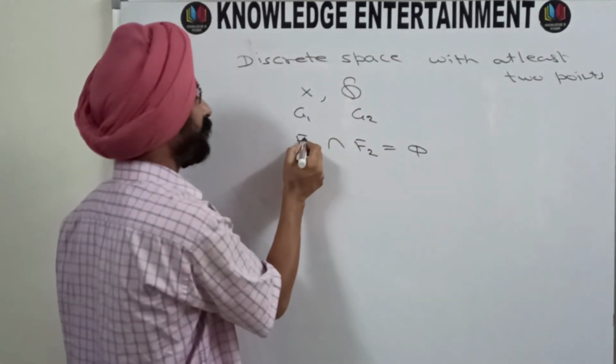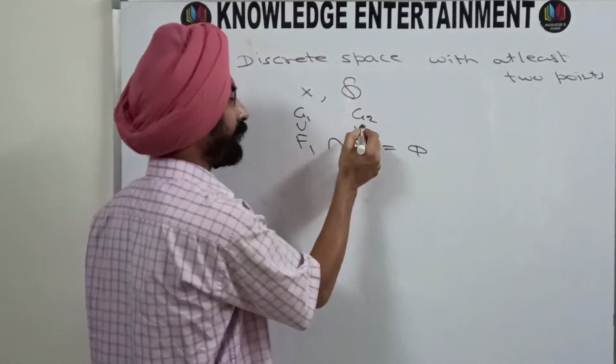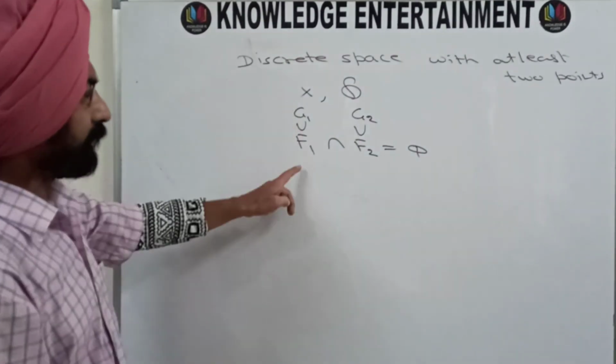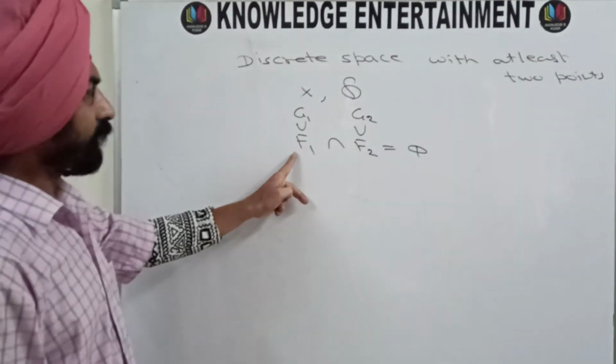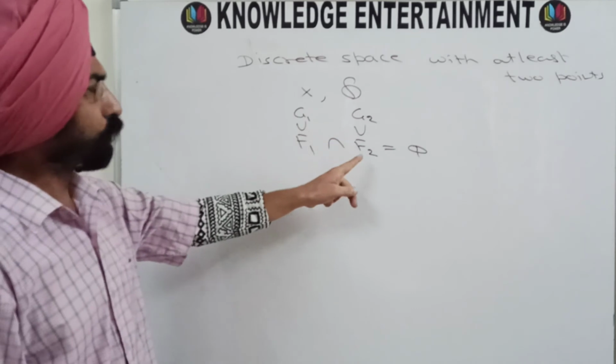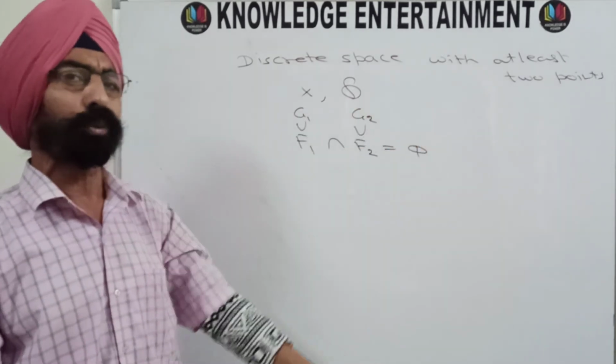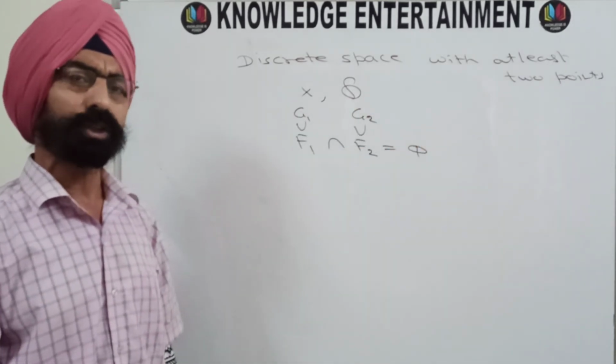So F1 will be contained in G1 and F2 will be contained in G2 because they are the same. If F1 is closed, then it is open also. If F2 is closed, then it is open also because it is the discrete topology. Every set is open as well as closed.